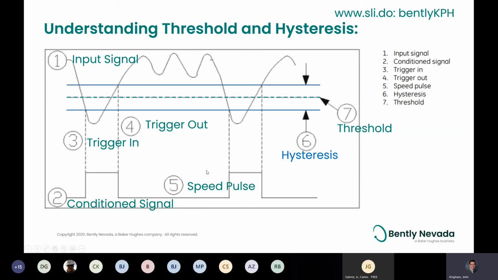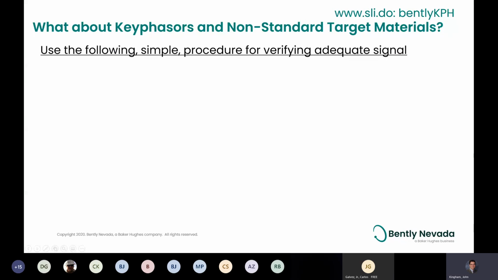Again, this is all done automatically anymore, but it's nice to understand how it works. Okay. Now, we've been doing this webinar series for quite a while now, since the beginning of March, probably. And on occasion, we talk about non-standard target materials.